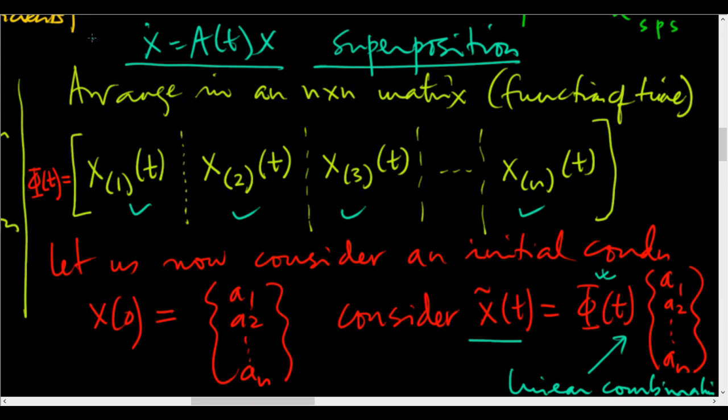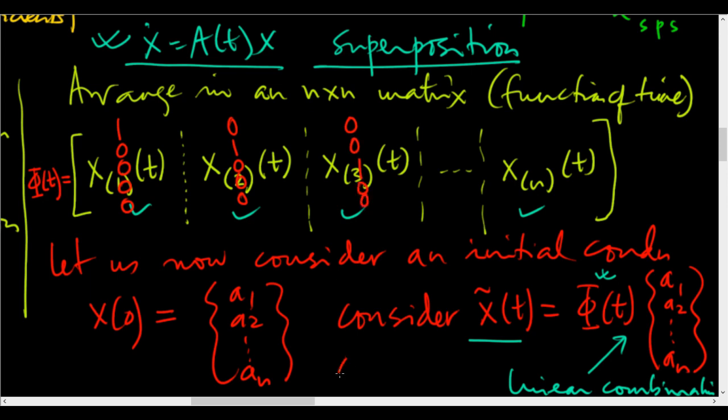So it's definitely a solution to this system. There is no problem. What is the initial condition? a1, a2, a3, they are just numbers. So in phi I put 0 for t. When I put 0, something very nice happens. Over here I get 1 0 0 0. Over here I get 0 1 0 0. Over here I get 0 0 1 0 0, and so on.